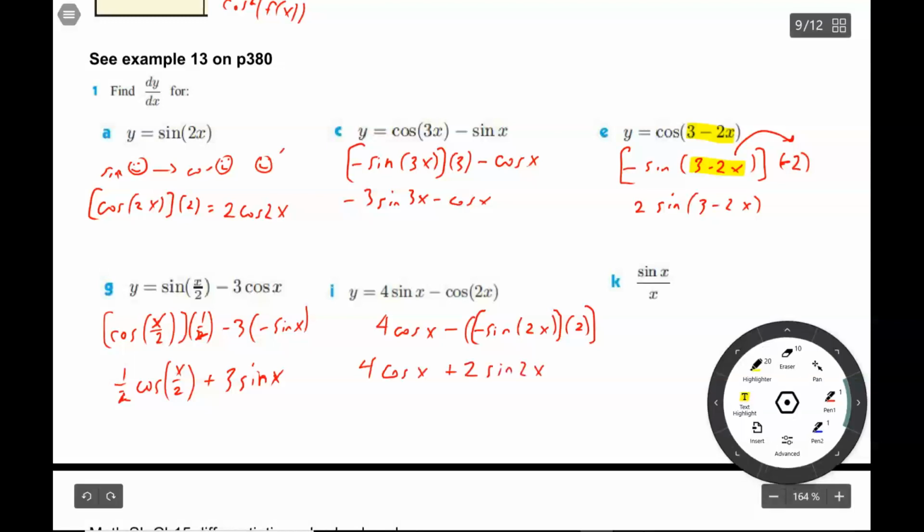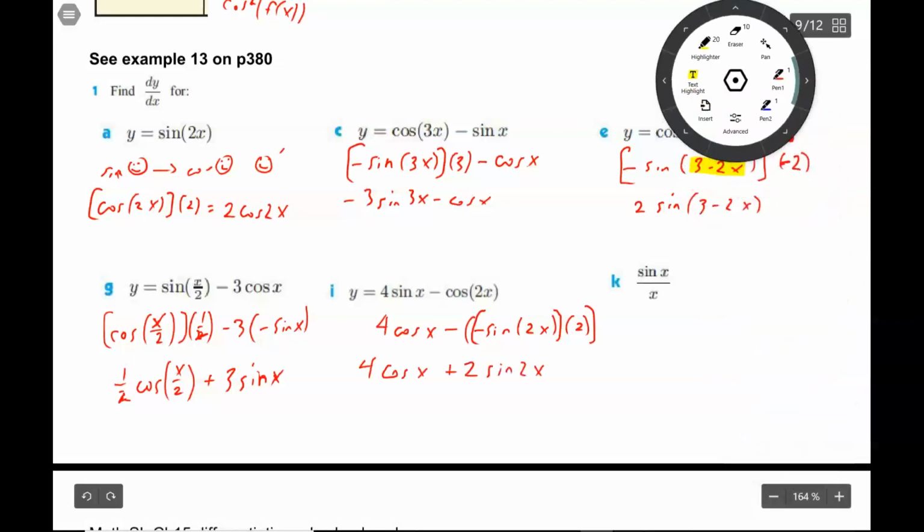Last one, derivative of sine x over x. So this could be done with quotient rule or with product rule. I like product rule because it doesn't end up with a fraction at the end. So I'm going to rewrite sine x over x as x to the negative 1 times sine x.